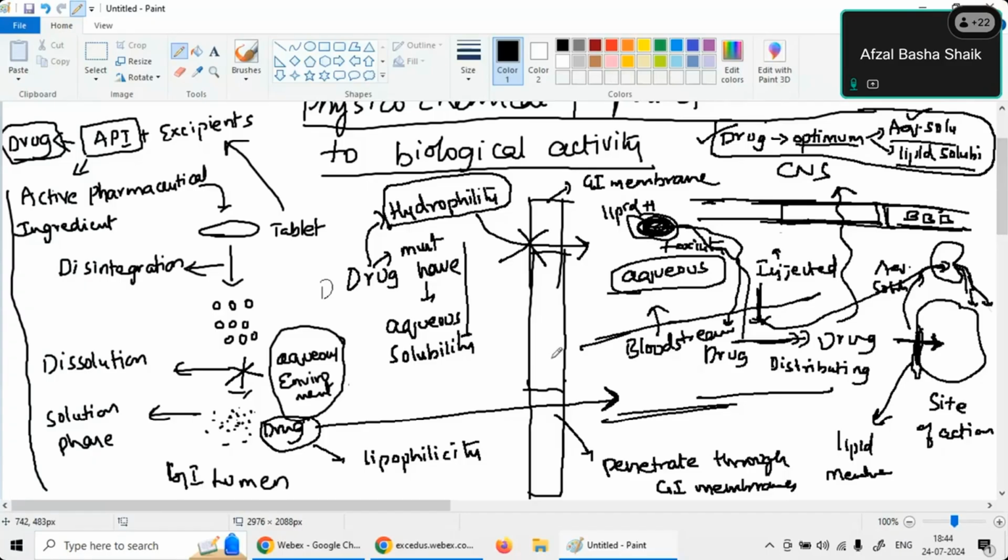All these things we can improve. So we will look into how we can improve this, and what are the different physicochemical properties that are useful for enhancing all these pharmacokinetic as well as dynamic and toxicological profiles of the drugs.